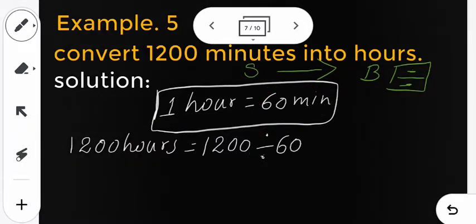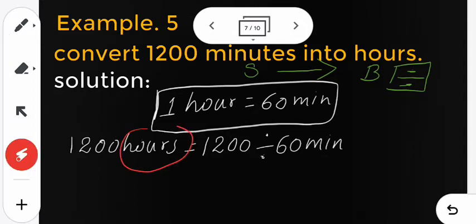So once you divide, this will change into hours. So here it was minutes, so this side it should be hours. If here also minutes and here also minutes means your way of writing is wrong.